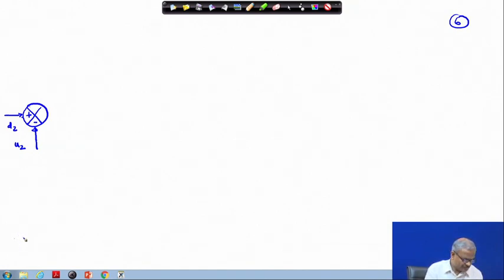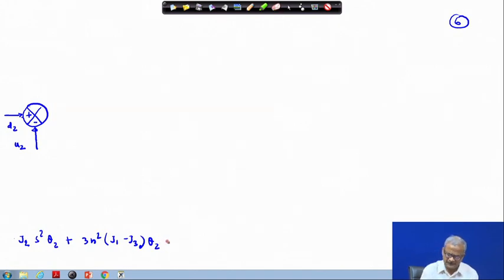We can convert this into j 2 times s square theta 2, plus 3 n square times j 1 minus j 3 times theta 2. These are all in the s domain. I am writing here theta 2, but it indicates this is a function of s, which I am not writing here for clarity. The right hand side will accordingly be u 2 s and d 2 s, but again I will delete the s notation from this place.